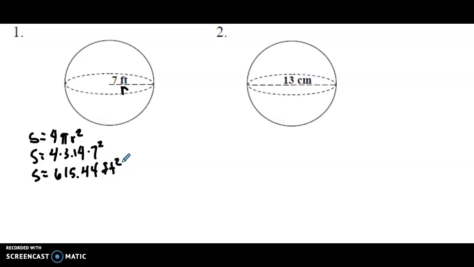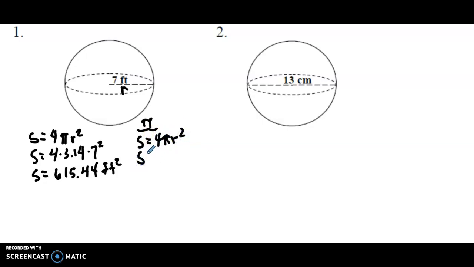I want to take the time to review with you how to find something in terms of pi, because anytime you have a circular object, to be 100% accurate, instead of using 3.14, you just want to use the pi symbol. So I'm going to write pi here and put a line underneath it. When you're asked to find something in terms of pi, you do the formula S equals 4 pi r squared.